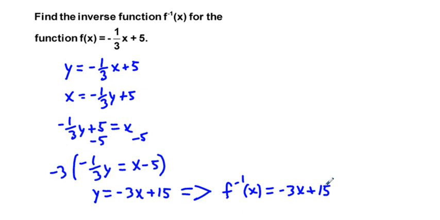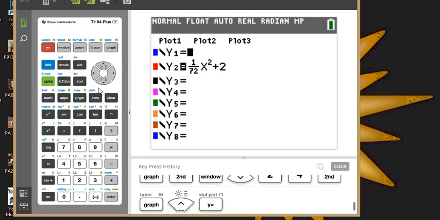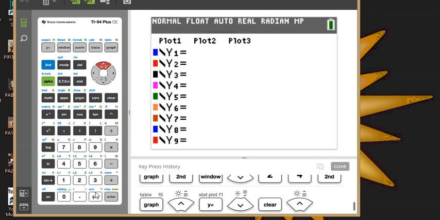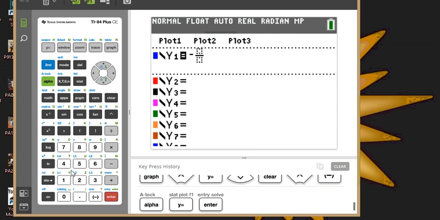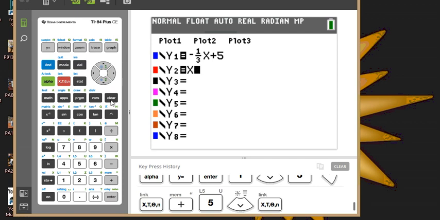Is that right? I don't know. Let's check it out. Let's go to the calculator. So we have negative 1/3 x plus 5, and then the line y equals x, and then we're going to have negative 3x plus 15.